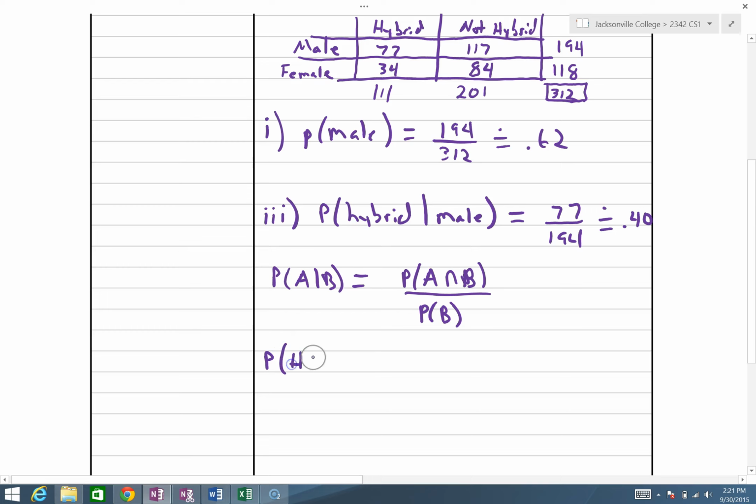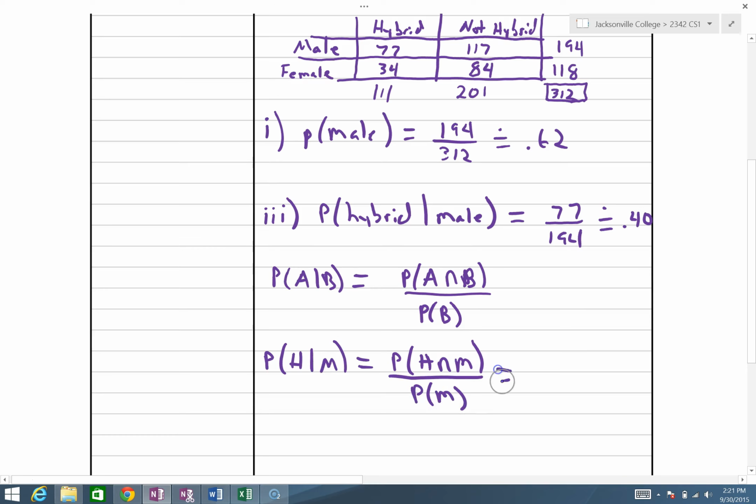The probability of hybrid given male is equal to the probability of hybrid intersect male, divided by the probability of male.